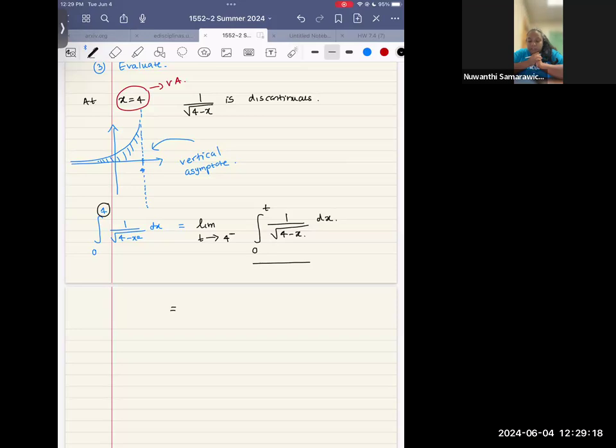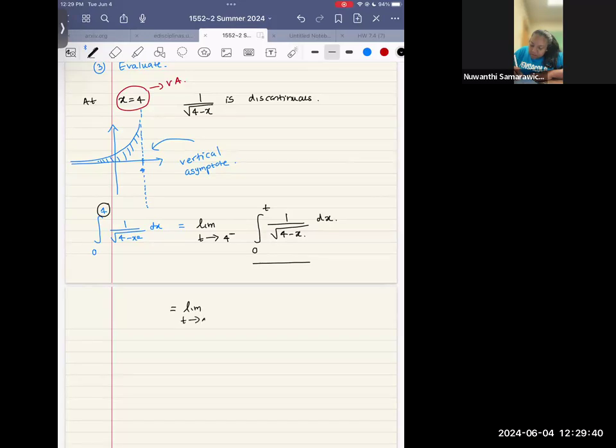How to find the integration of 1 over the square root of 4 minus x. You could rewrite it with a, yes, very good. We can write this as a negative exponent.